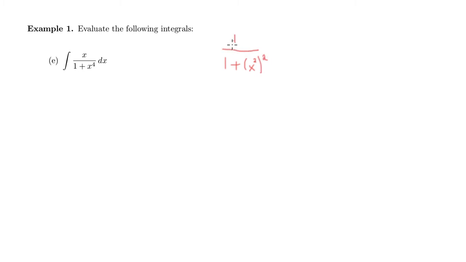Okay, so 1 over 1 plus something squared, that sort of is starting to look like the derivative of inverse tangent. So here I'm just kind of doing some scratch work. I'm thinking about 1 over 1 plus x to the fourth is really 1 over 1 plus that quantity x squared all squared.